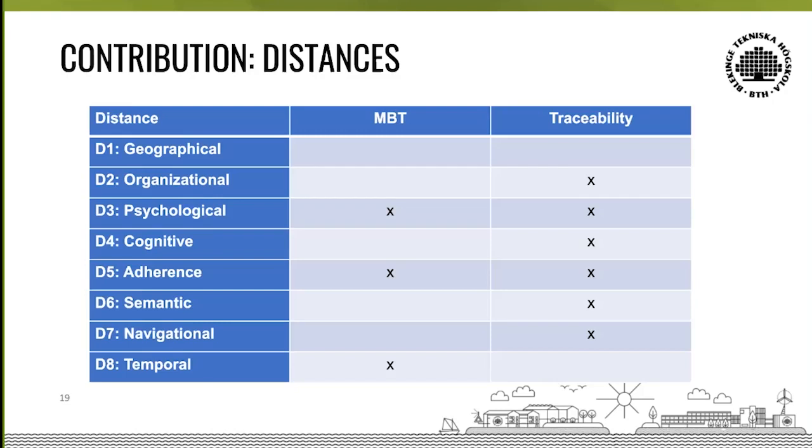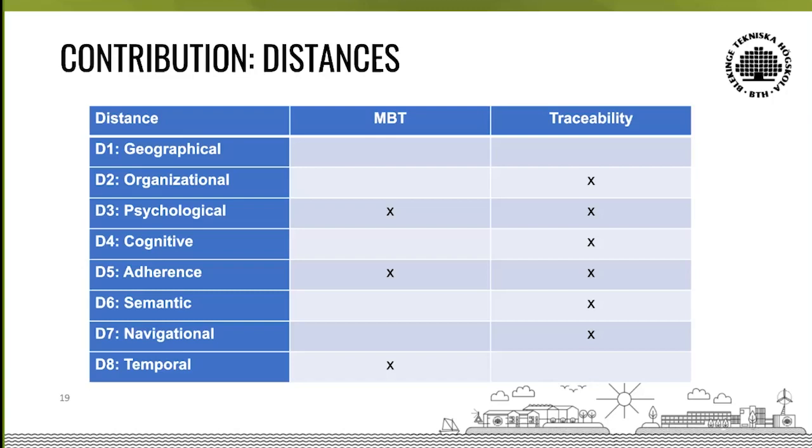As for semantic distance, as we mentioned, it's similar to cognitive distance. The semantic distance can be reduced by using similar terminology as a classification system. It can be used to label any kind of artifact, not just requirements, but also tests or the verification. Then both testers and requirement engineers can be talking about the same thing because they have the same terminology.